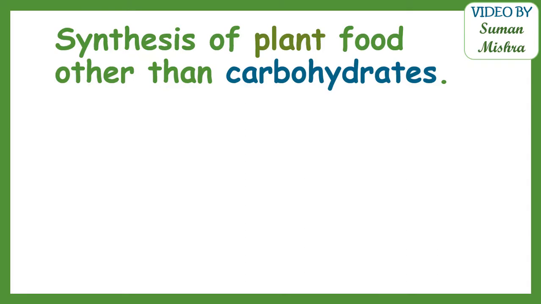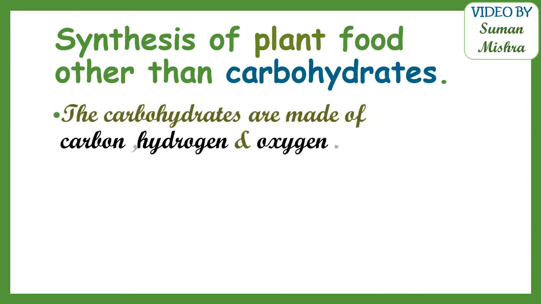Now, synthesis of plant food other than carbohydrates. We already discussed in the beginning that we have carbohydrates, minerals, proteins, fats, all of these together. But right now we have seen that only carbohydrates are produced during photosynthesis. So how are the others obtained? Carbohydrates are made up of carbon, hydrogen and oxygen.